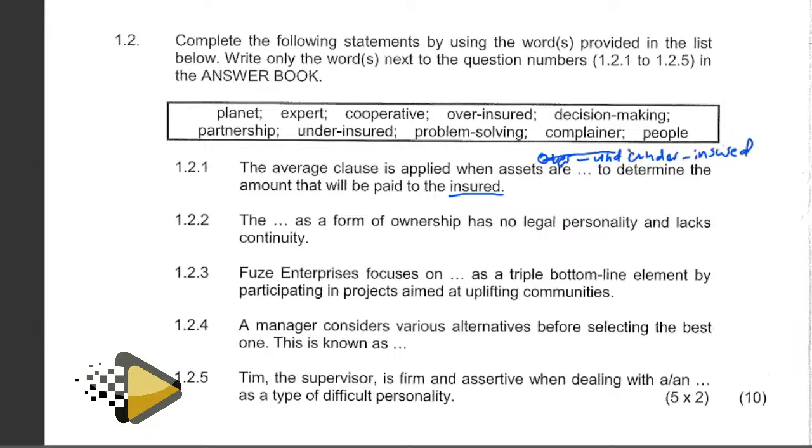Okay, right. So now let's move on to the next question. We have 1.2.2. The dash as a form of ownership has no legal personality, and it lacks continuity. So that is nothing but what we call partnership. Okay, right, Kritovs. Now let's move on to 1.2.3.